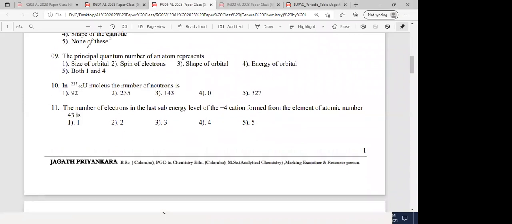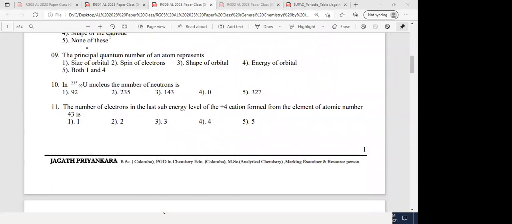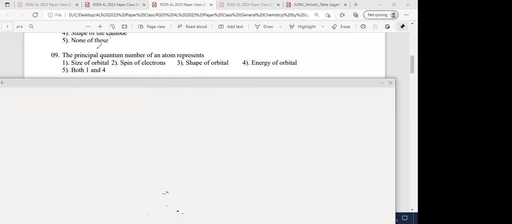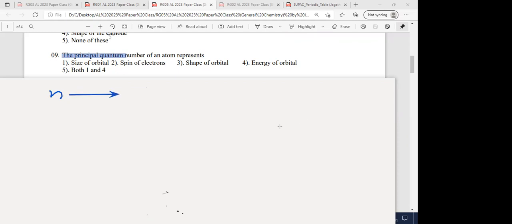Question number 9. What does the principal quantum number of an atom represent? Can you quickly tell me the answer? What is the principal quantum number? Principal quantum number means n. It is the energy of the orbital.